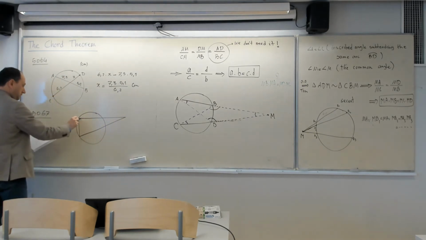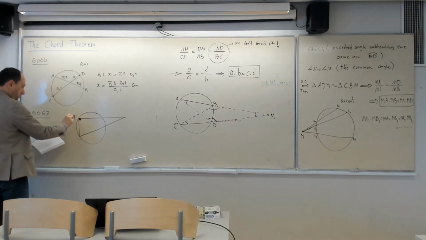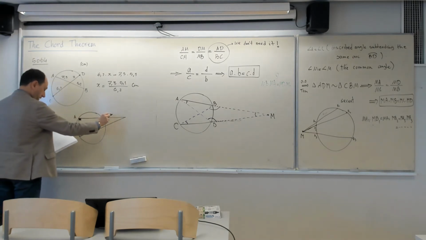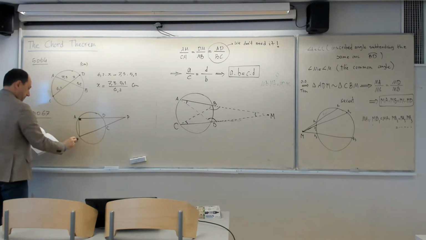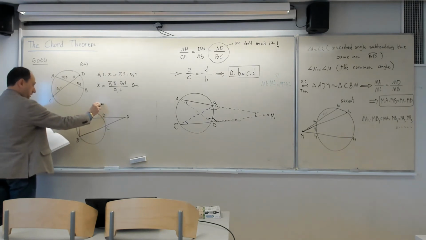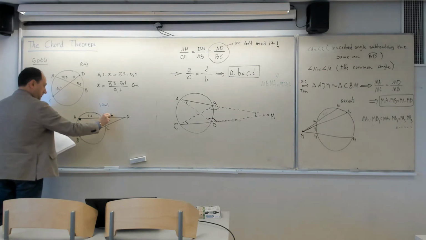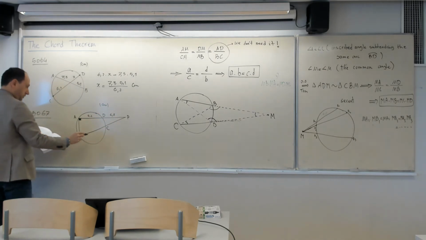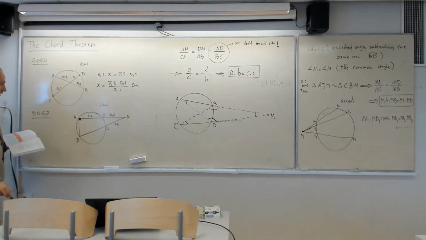This is 90 degrees according to the problem, and it is mentioned to be A, D, P and C and B. The sizes are given, 4.2, everything is again in centimeters, and then you have 6.8 here, and you have 6.6 here. And the question is to find the area of the big triangle, ABP.